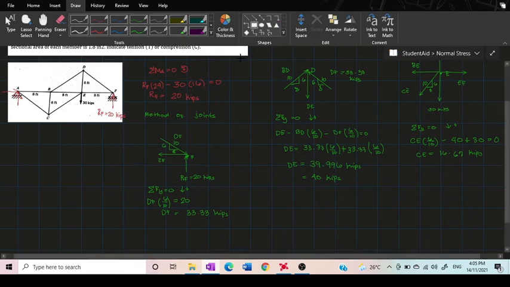So now we got our forces at DF, DE, and also CE.